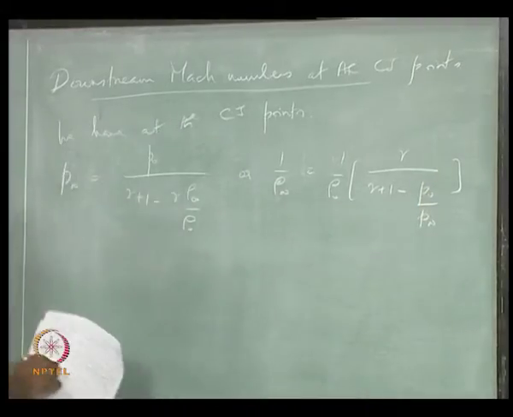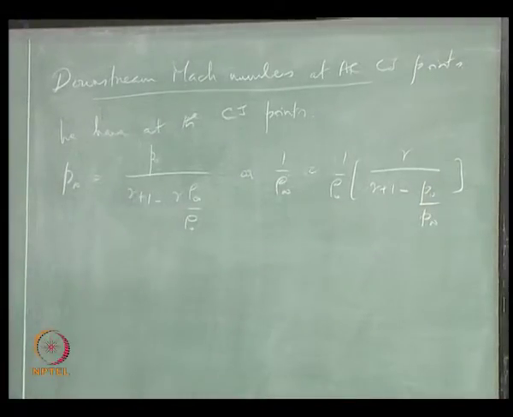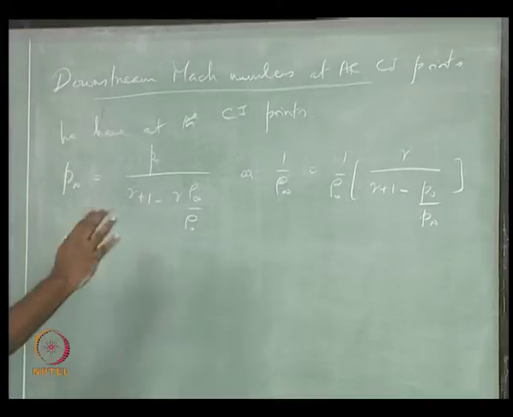I think this is slightly different from what I just said a minute ago, but it's possible for you to derive this by dividing the numerator and the denominator appropriately by, let's say, P infinity and 1 over rho infinity, and so on. So let's suppose that you have these.